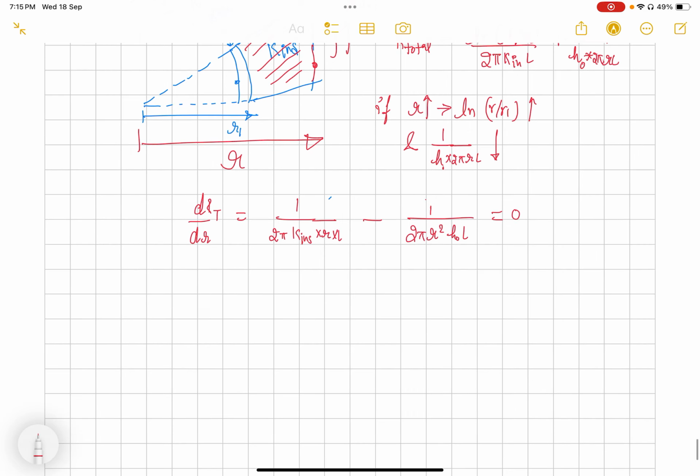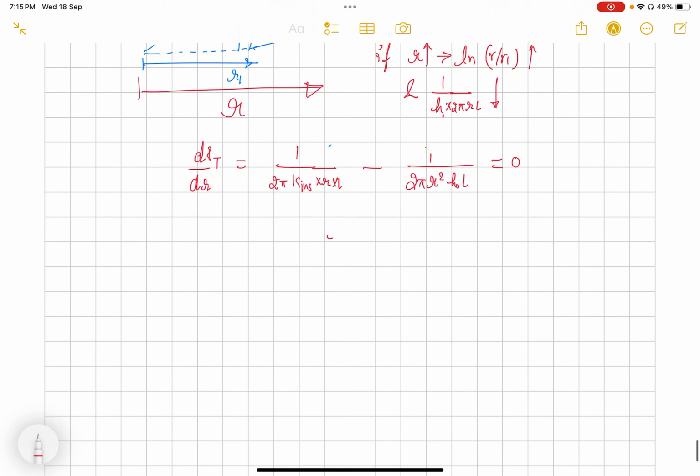So for maxima or minima we will get the critical radius of the insulation as K insulation by h naught.